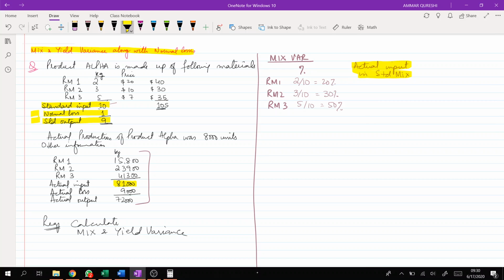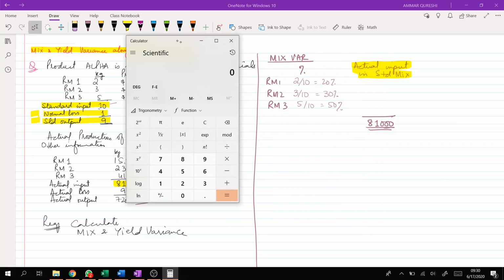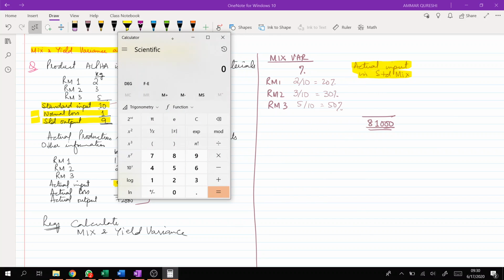We have to consider this 81,000 here, right? We made an input of 81,000 kilograms. Out of 81,000 kilograms, 20% should be raw material 1.